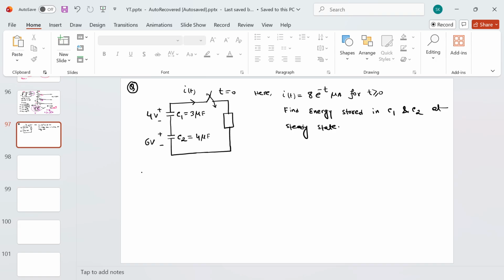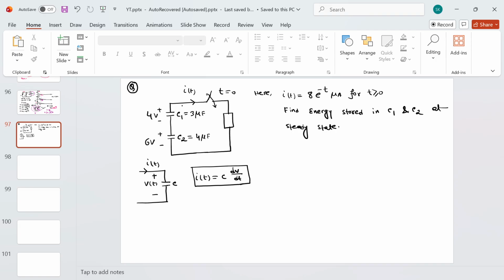Now let's say you have a capacitor, and this is the voltage across the capacitor, and this is the current flowing through the capacitor, and the capacitance of the capacitor is C. Then the capacitor current is simply C dV by dt, right? So you all know this. So this equation is useful to calculate the voltage.